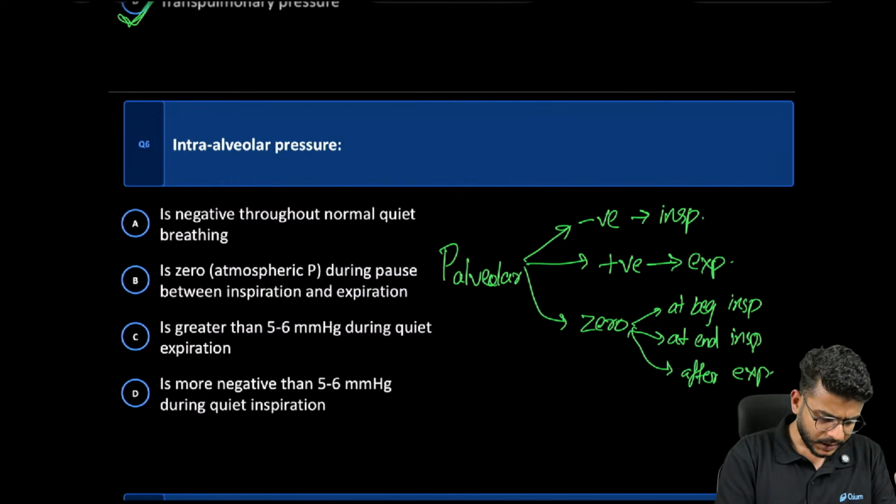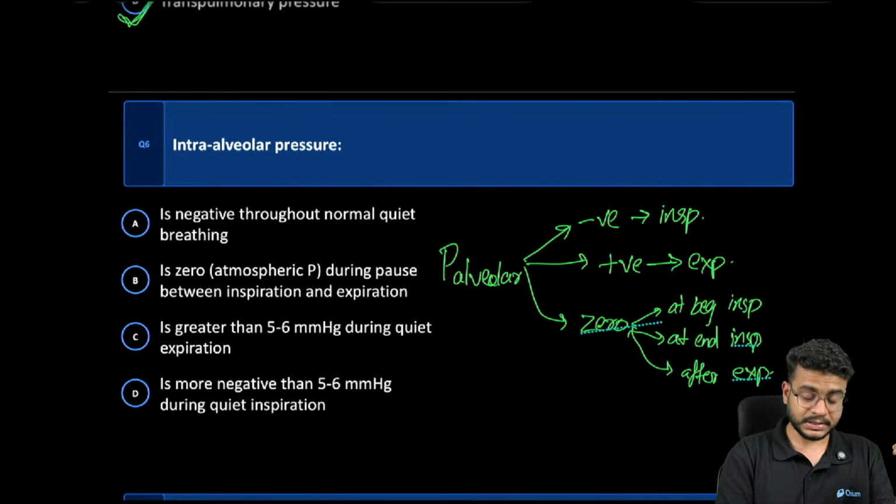Okay, so the intra-alveolar pressure is negative during inspiration, positive during expiration, and zero at the beginning of inspiration, after inspiration, and after expiration.